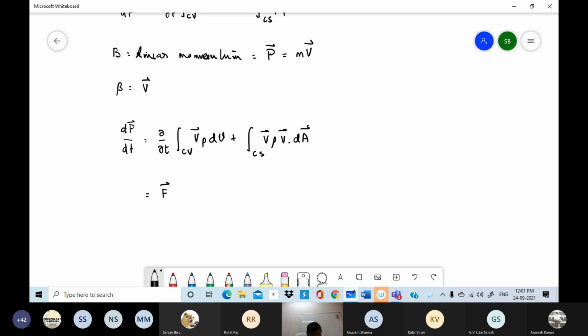So I'm concentrating on the rate of change of linear momentum of the fluid contained in a certain volume element. Then I must consider all the forces acting on it. There could be pressure exerted by the surrounding fluid on the fluid inside that element.